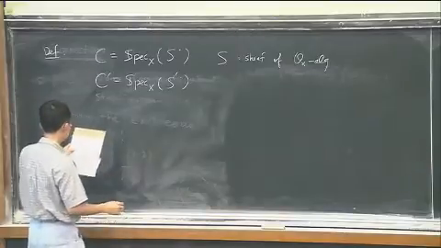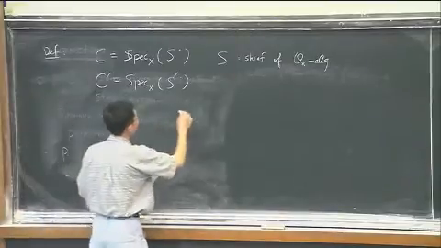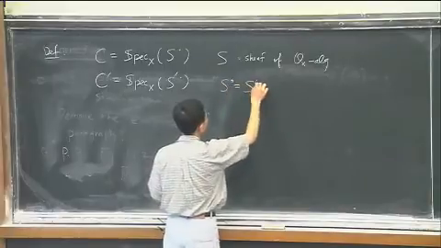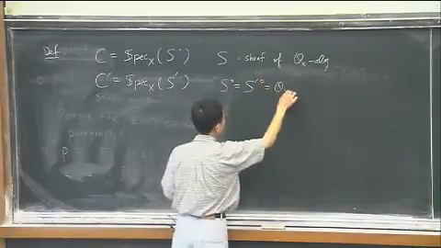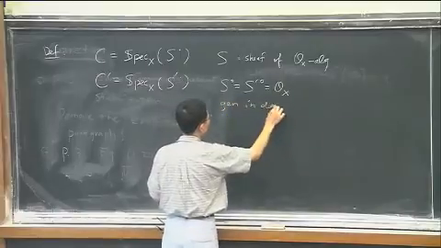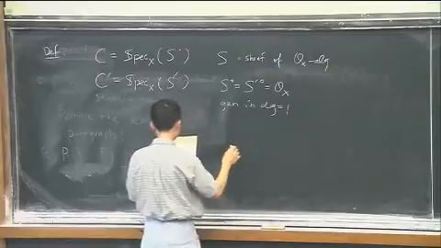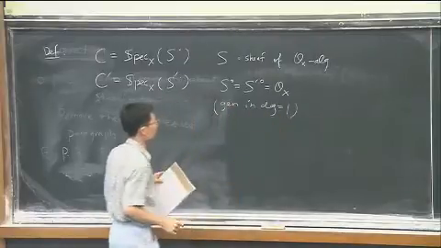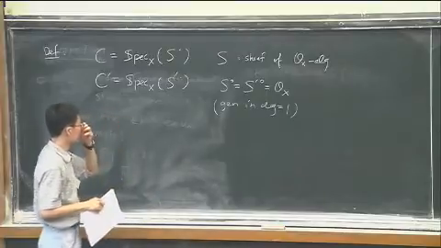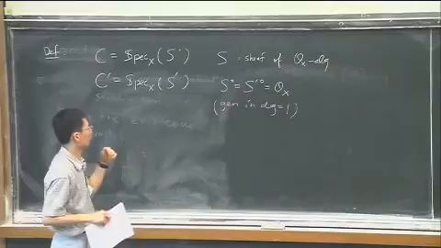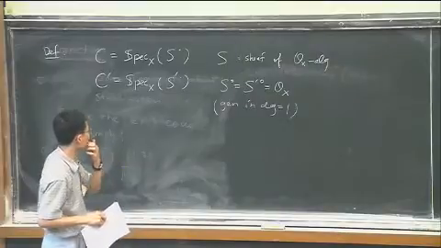Then we require that again S0 and S prime 0 have to be OX, and generated in degree 1. Although this requirement might not be needed here, I impose it everywhere across the board in today's lecture anyway.